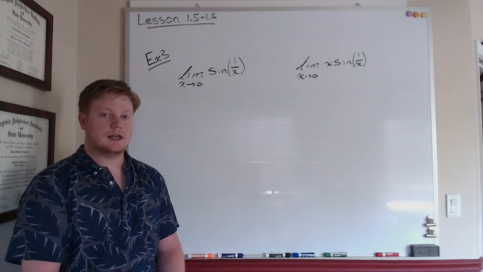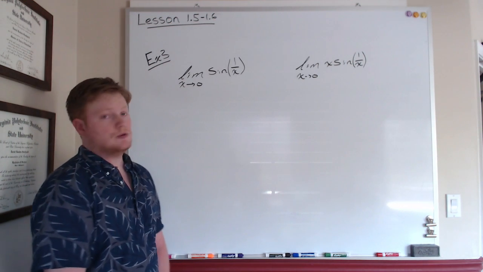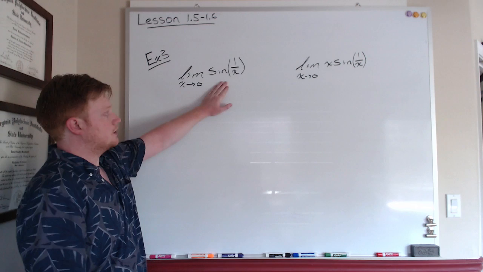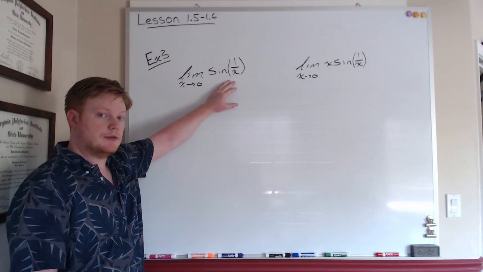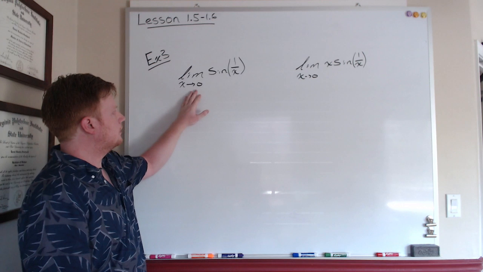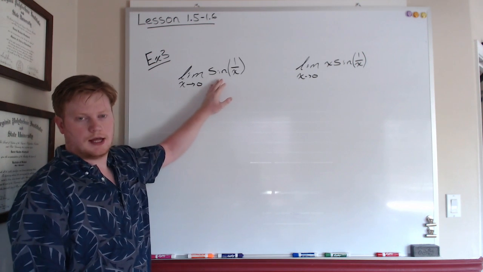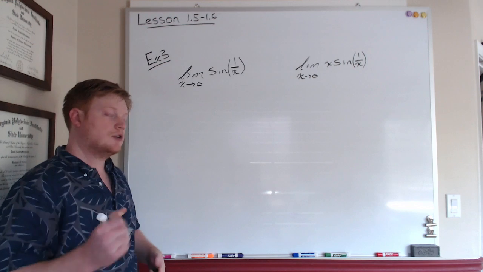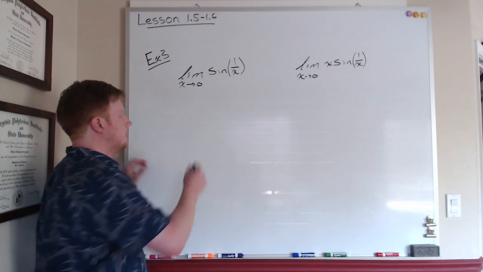So in this final example for today, we're going to look at two rather curious functions. You may have seen the function sine of 1 over x, and maybe even have graphed it. But have you ever wondered whether or not that function approaches a limit as x approaches 0? If you've never graphed that function, go ahead and graph it yourself.